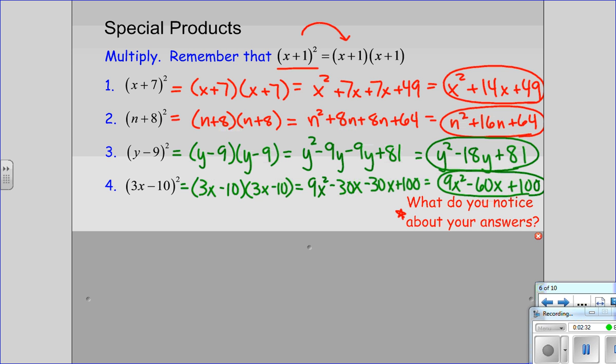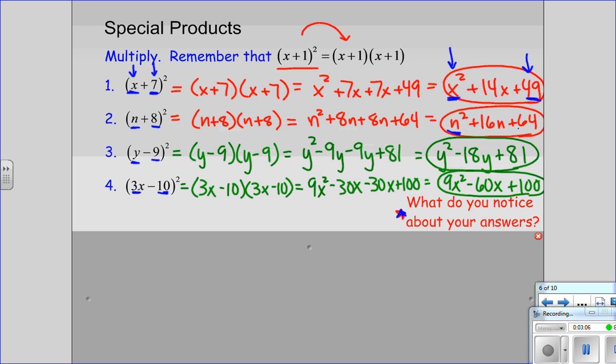So when we sit back and observe all 4 of these answers together, we can notice a couple things. First, we notice that our first term and our last term of each one of these trinomials is the square of our 2 terms in the binomial. X squared is x squared, and 7 squared is 49. And you can see that same thing happening in all of the other examples as well.